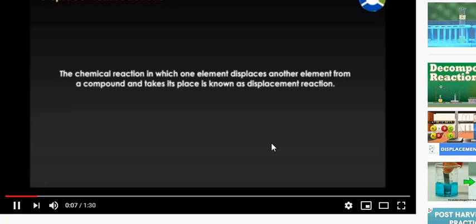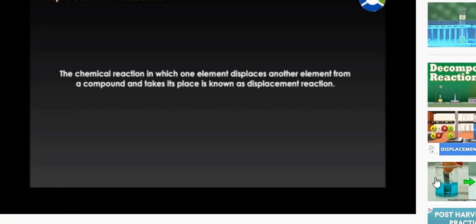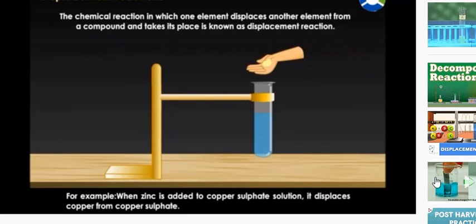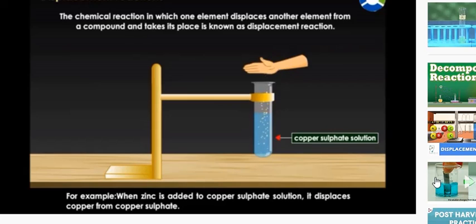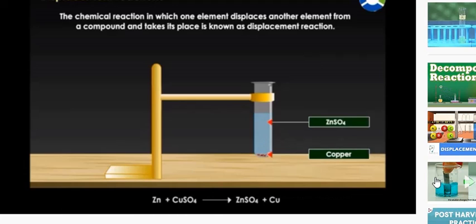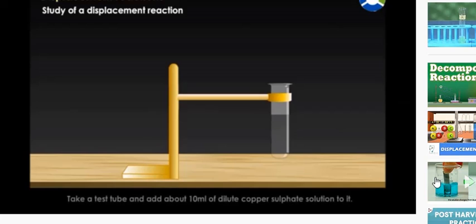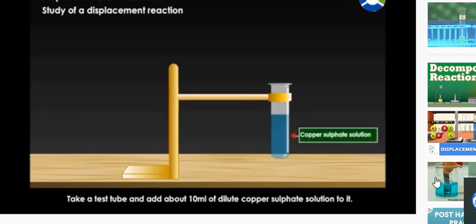Displacement reaction: the chemical reaction in which one element displaces another element from a compound and takes its place is known as displacement reaction. For example, when zinc, Zn, is added to copper sulfate, CuSO4, it displaces copper from copper sulfate, giving ZnSO4, zinc sulfate, plus Cu, copper. Study of a displacement reaction: take a test tube and add about 10 milliliters of dilute copper sulfate solution to it.